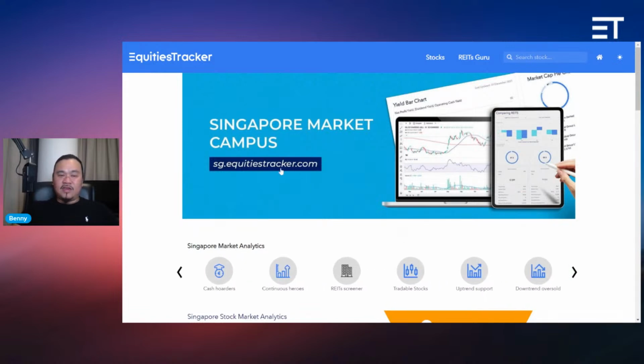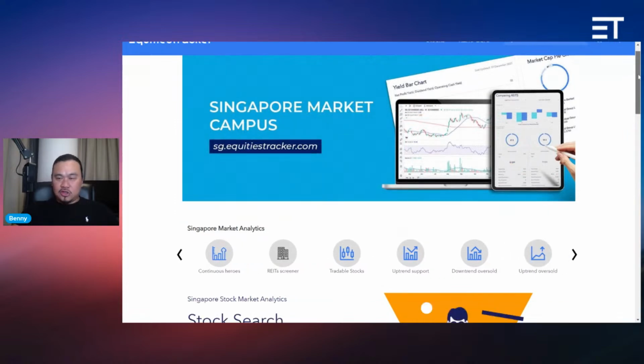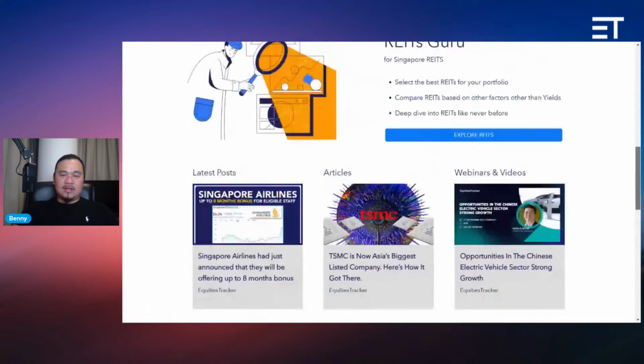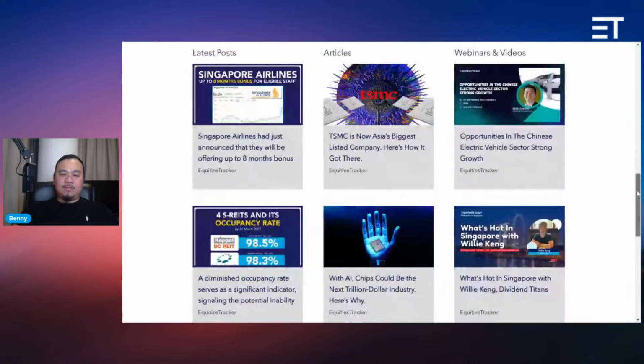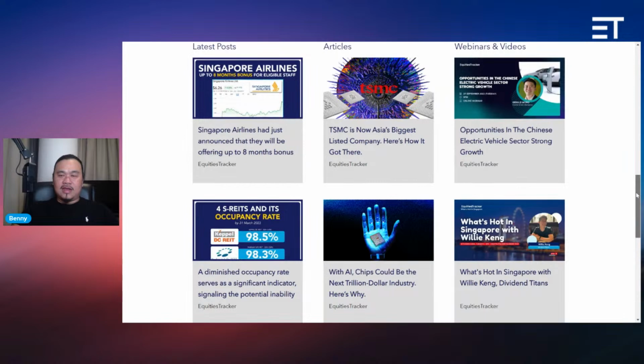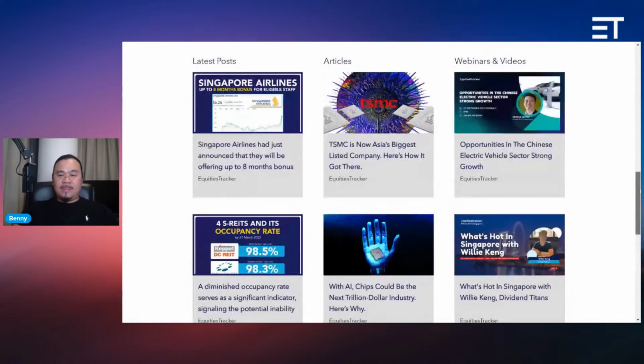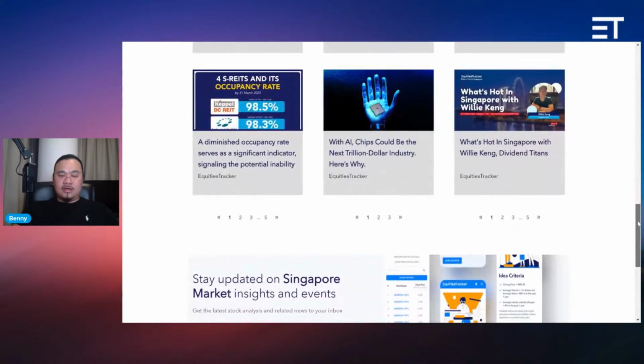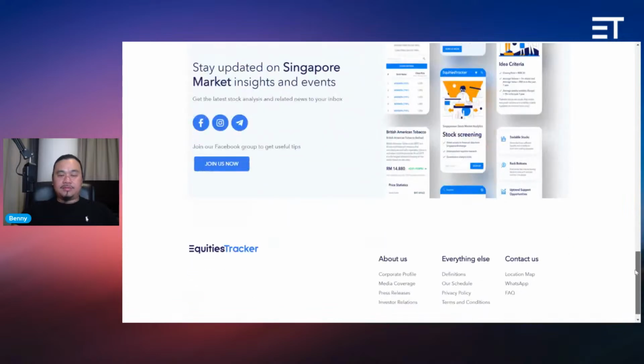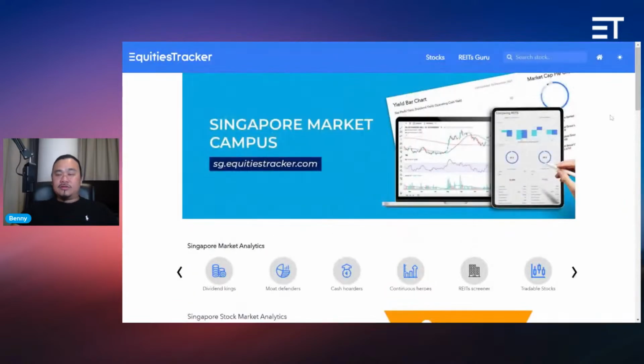This is a Facebook group that you can join and participate in as well. And if you want to look for articles and posts, at the bottom over here, there are also articles and posts based on the Singapore market. So feel free to browse this website, and I hope that it is able to help you find investing and trading opportunities in the Singapore market.